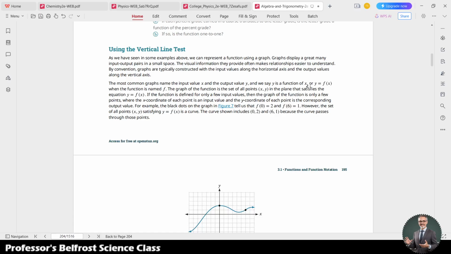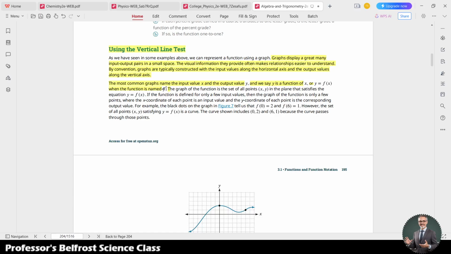Okay, now using the vertical line test. As we have seen in some examples above, we can represent a function as a graph. Graphs display a great many input-output pairs in a small space. The most common graph names the input value x and the output value y, and we say y is a function of x, or y equals f(x) when the function is named f.